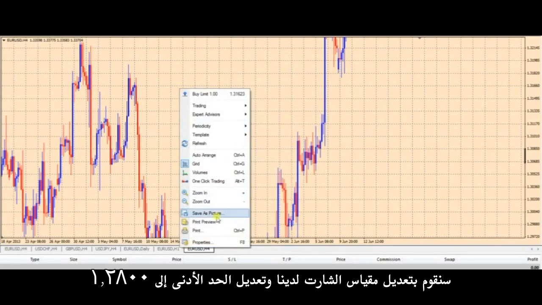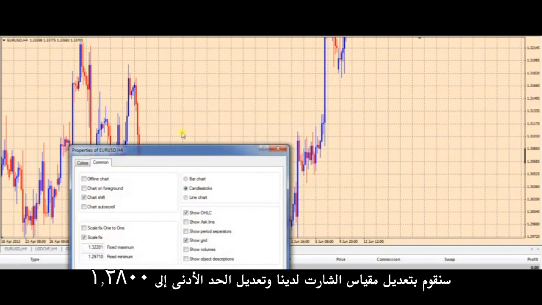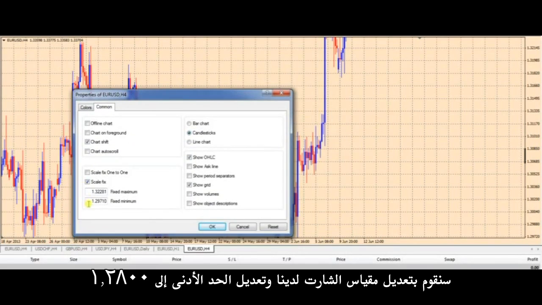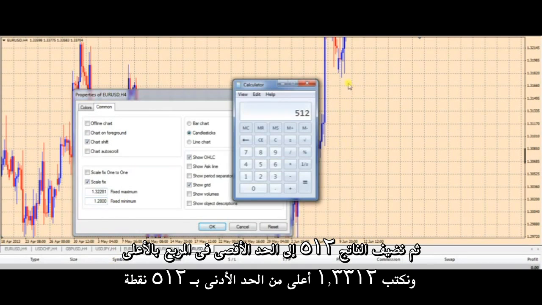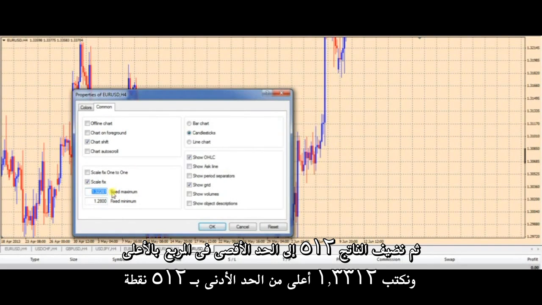So we go to Properties, click on Scale Fix, click on our minimum, and we'll do 1.2800 again, and then we have to add our 512 pip difference to the top right here, which gives us 1.3312.